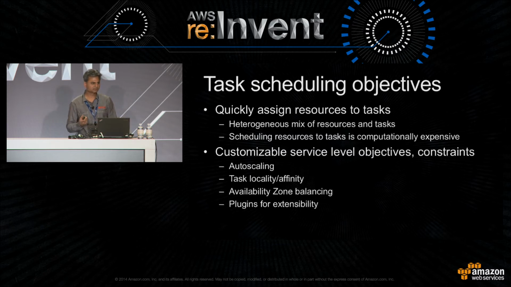And specifically in EC2, we want to do availability zone balancing for tasks. And then also, we want to have plugins because not all optimizations can be designed to begin with, but as you progress and find new ways to optimize tasks, you should be able to put in plugins for optimizations.